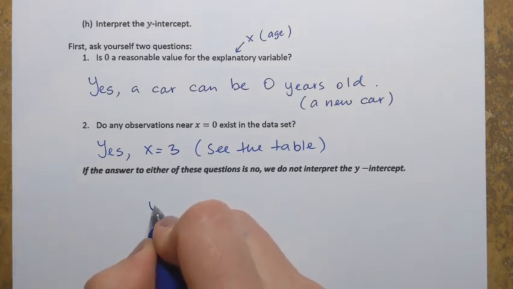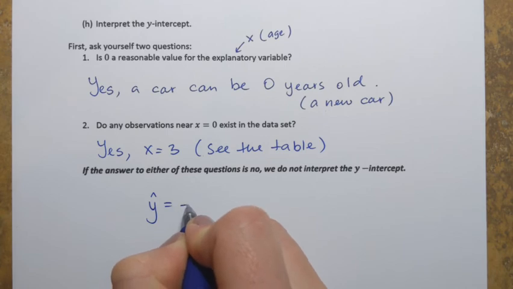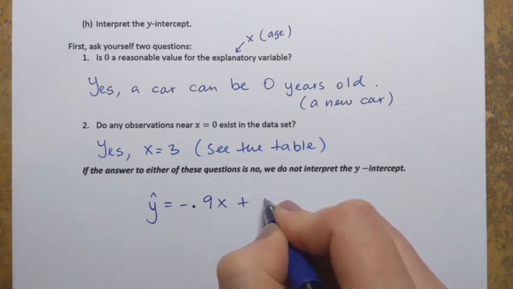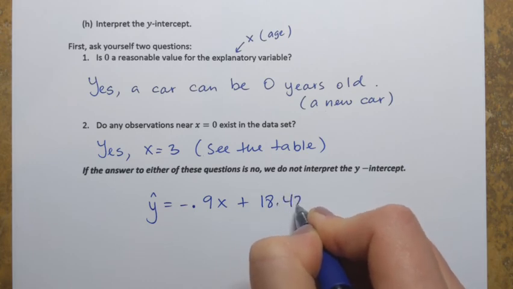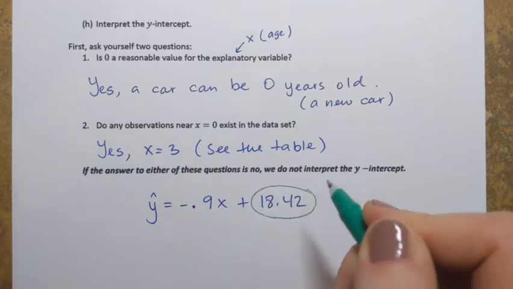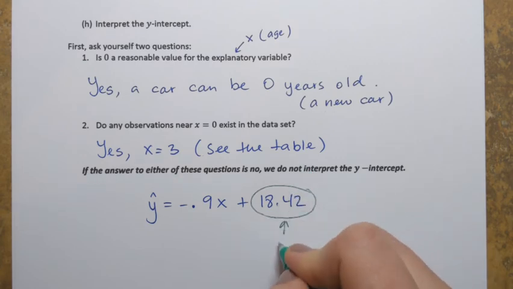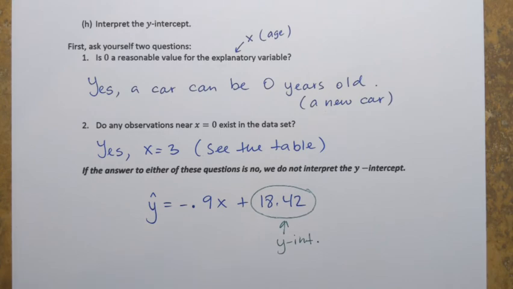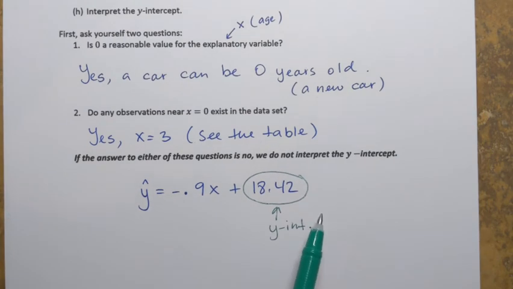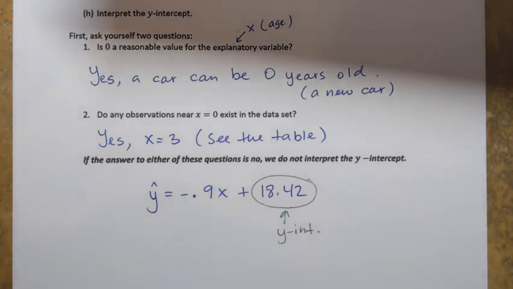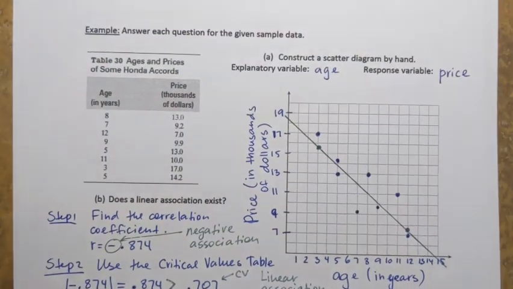So I'm going to write down the regression equation one more time so that I can emphasize where the y-intercept in the equation is. So that's this number right here. Y-intercept. And since it's a y-intercept, by the way, let's look at the graph and confirm it graphically. So here's our line.